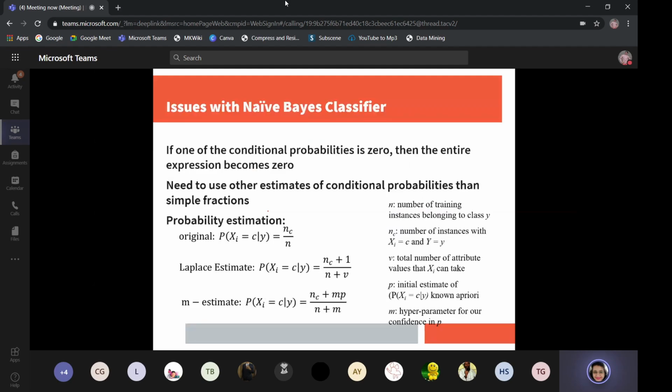So, given the class is y, what is the probability that xi is c? Your actual output is nc by n, that is the number of records with class c given the total number of training instances belonging to class y.